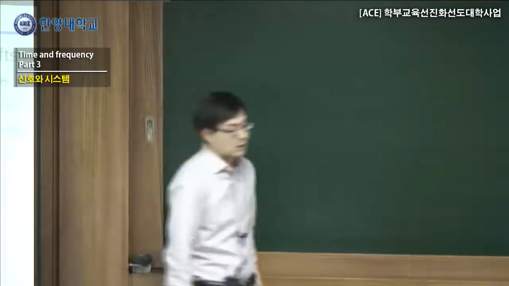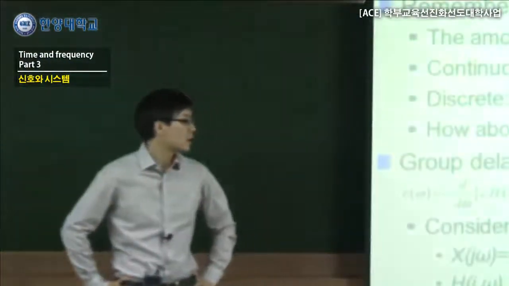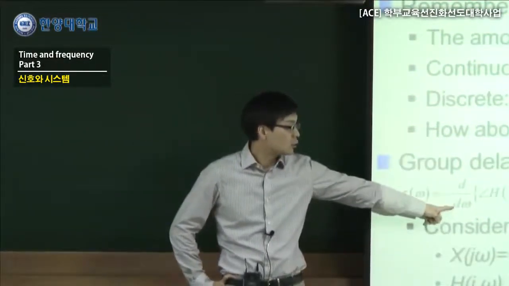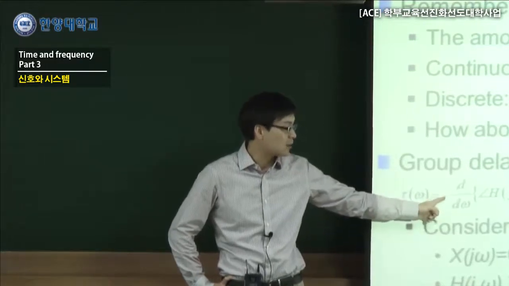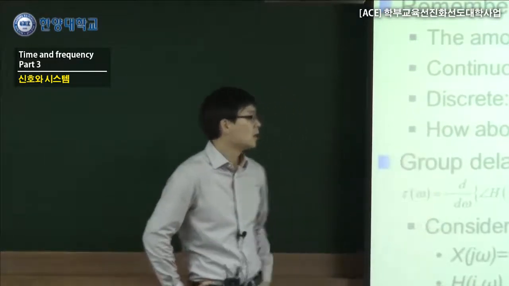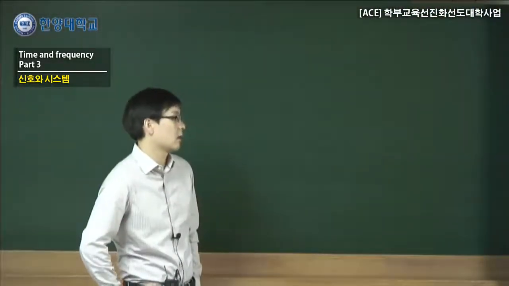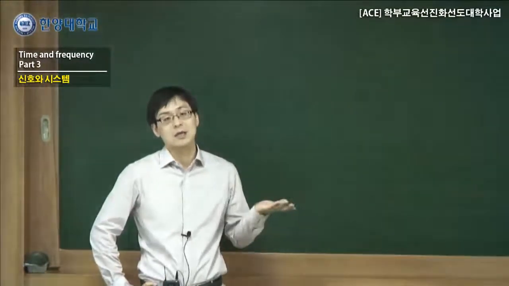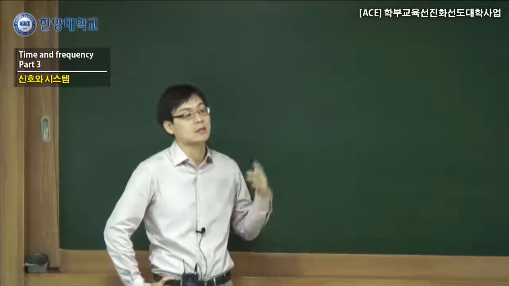From this idea, we introduced the concept of group delay. Group delay means we take the derivative with respect to frequency and put a minus sign to compensate the minus slope. So this is basically the minus slope of the phase. If this slope is constant, that means the delay is constant. So we expect a constant delay.